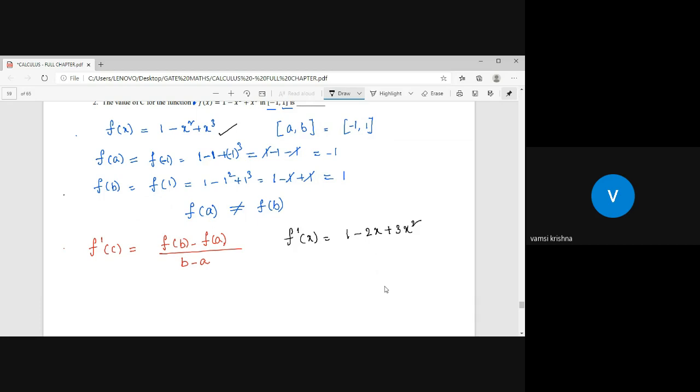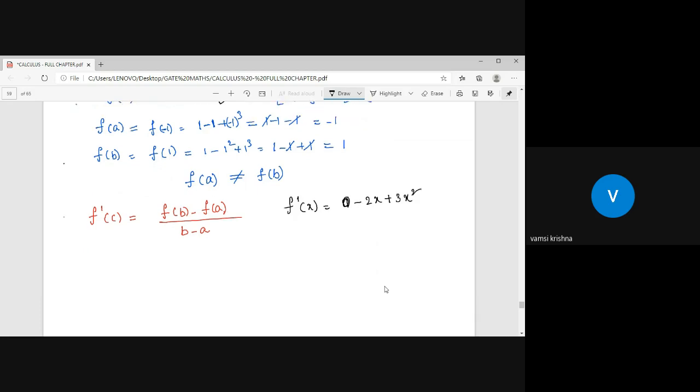So the differentiation of 1 is 0, that's it. So minus 2x plus 3x square. Sir, f dash of c, in place of x I should substitute c here. So minus 2c plus 3c square.